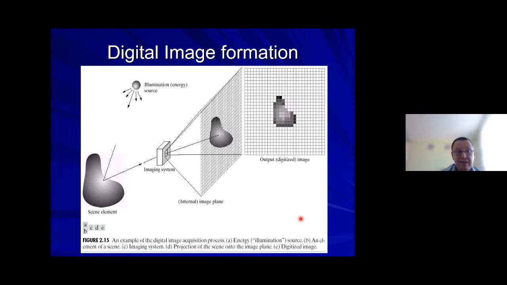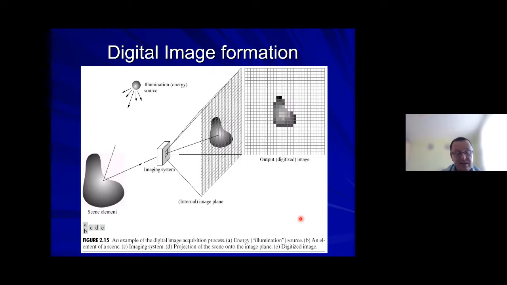So in this particular case, on this chart, you can see how it could be performed. When we have a scene element that we want to visualize and retrieve a digital representation of, it needs to be illuminated by an external energy source. It could be sunlight, or another kind of source, and it's not necessarily reflected light. It could be transilluminated light, in the case of X-ray imaging, but the idea is the same.